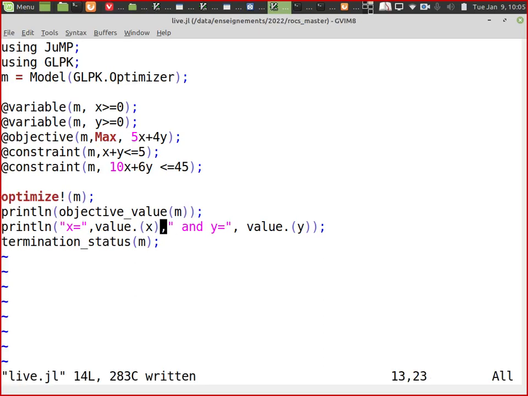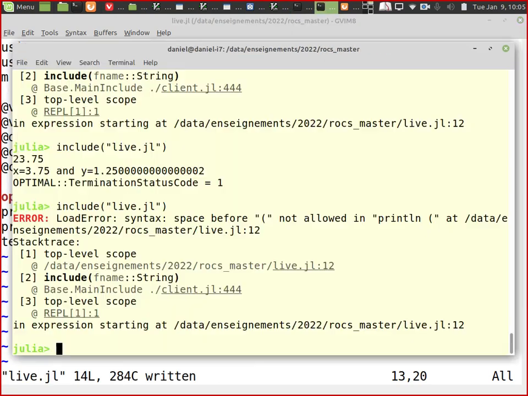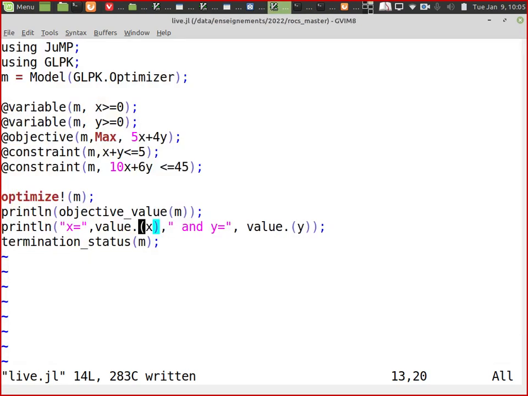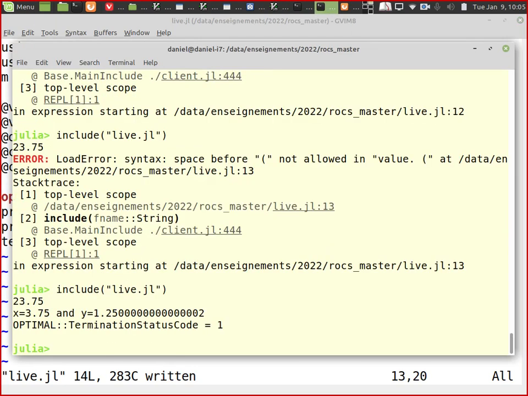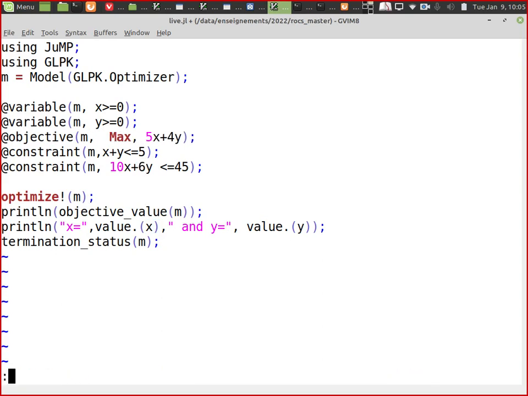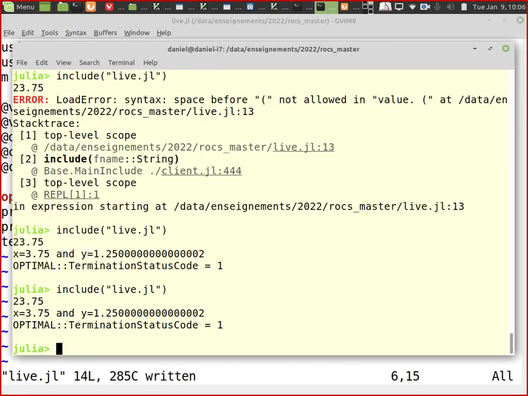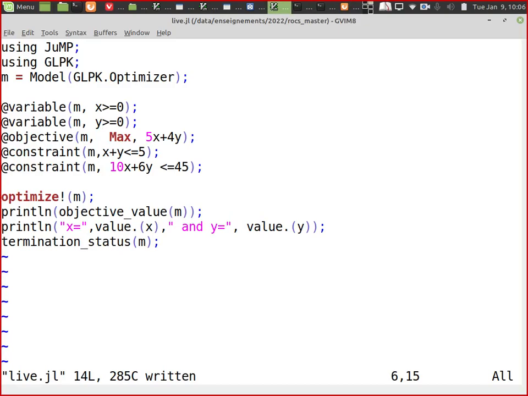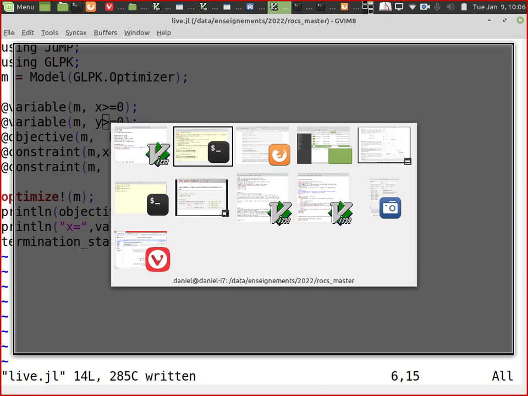Try to avoid spaces. I think maybe here you have the right to do it when you separate the arguments. Okay. This is how we work with Julia.